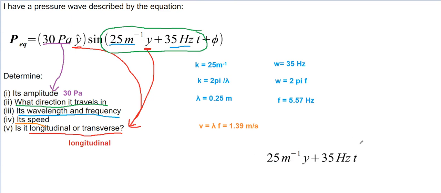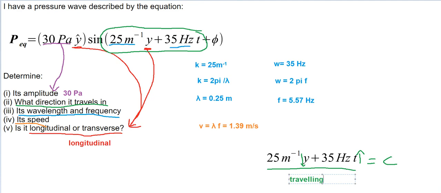So if you take a look at this particular pair of terms here, let's say I want to have them equal to a constant c. Now, if time goes up, in order to keep this thing the same, I need y to go down. What this means is that as time increases, we're decreasing y.